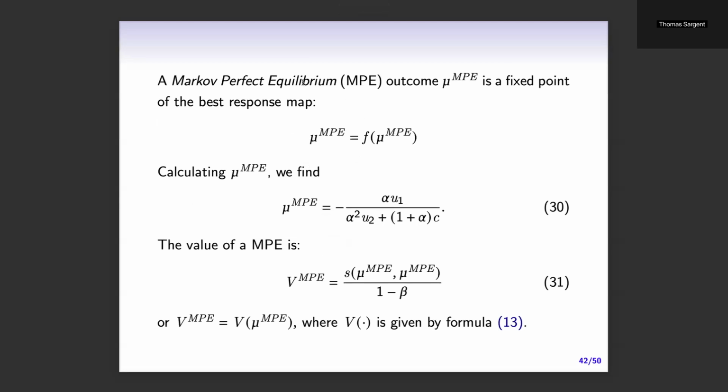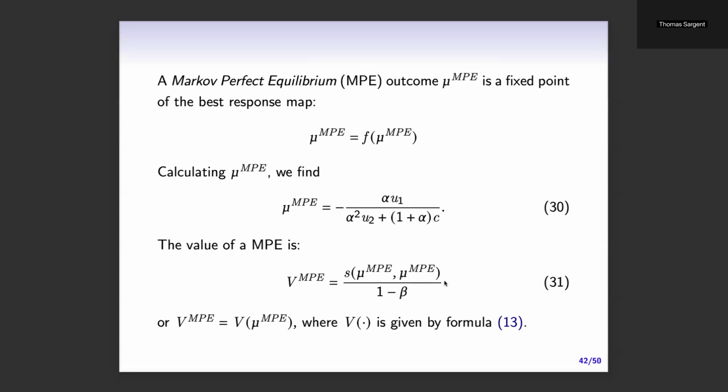So a Markov perfect equilibrium is a fixed point of this best response map. There's the definition, and we can calculate it. There it is, and there's the value of the Markov perfect equilibrium. So now we have three timing protocols, or ways of completing or altering Calvo's model.